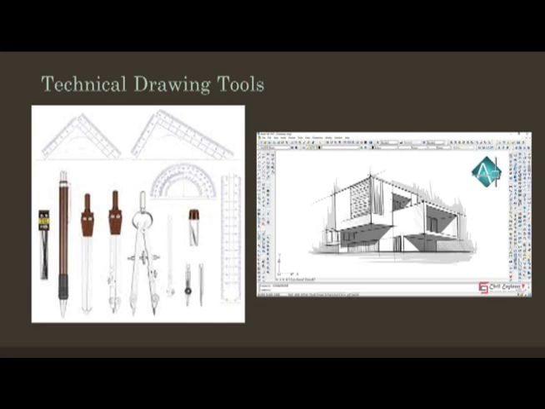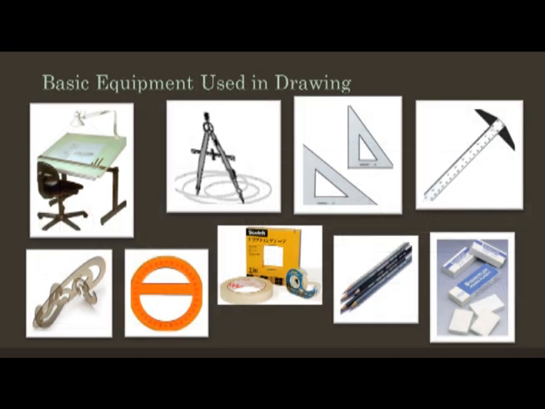This is an example of AutoCAD. Drafters use Revit to create building information modeling, or BIM, for architectural, construction, and engineering designs. Revit is another software that we can use for creating technical drawings.